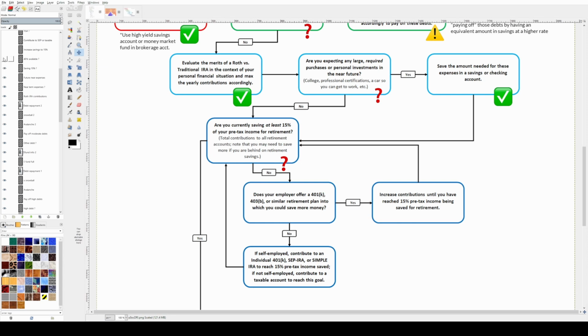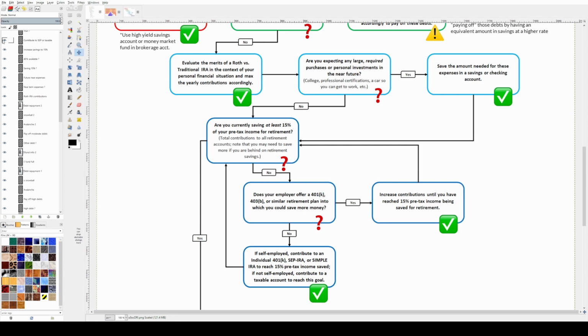If you're not saving at least 15% and your employer does have some kind of retirement account, whether it's a 401k or 403b or something along that line, then you want to increase your contributions until you get back to that 15% pre-tax income being saved for retirement.